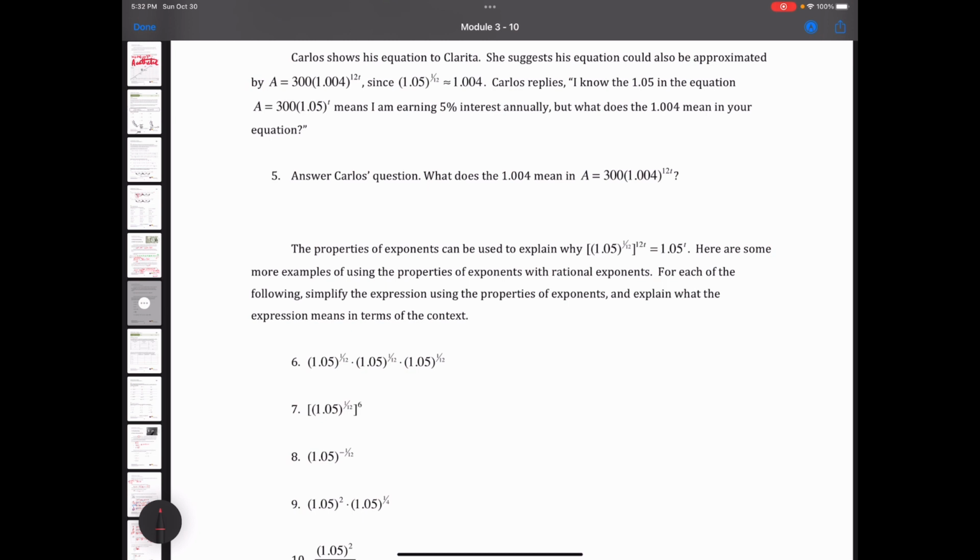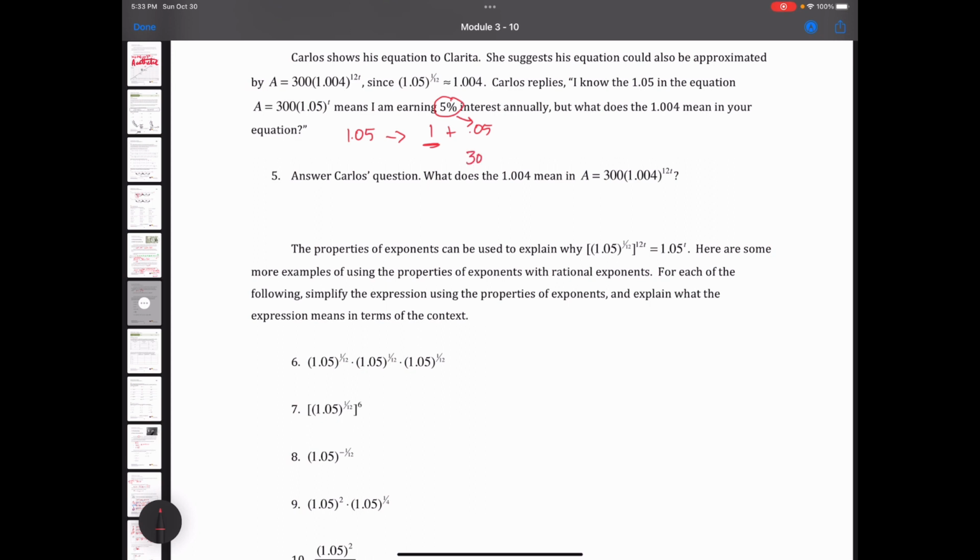Now Carlos replies, I know the 1.05 in the equation A equals 300 times 1.05 to the t means that I'm earning 5% annually. Now let's dissect that for just a second. When we've got 1.05, if we broke that down, that's actually saying 1 plus 0.05. Now this 0.05, that's the percentage that we're dealing with. This 1 represents the amount that we started the year with.